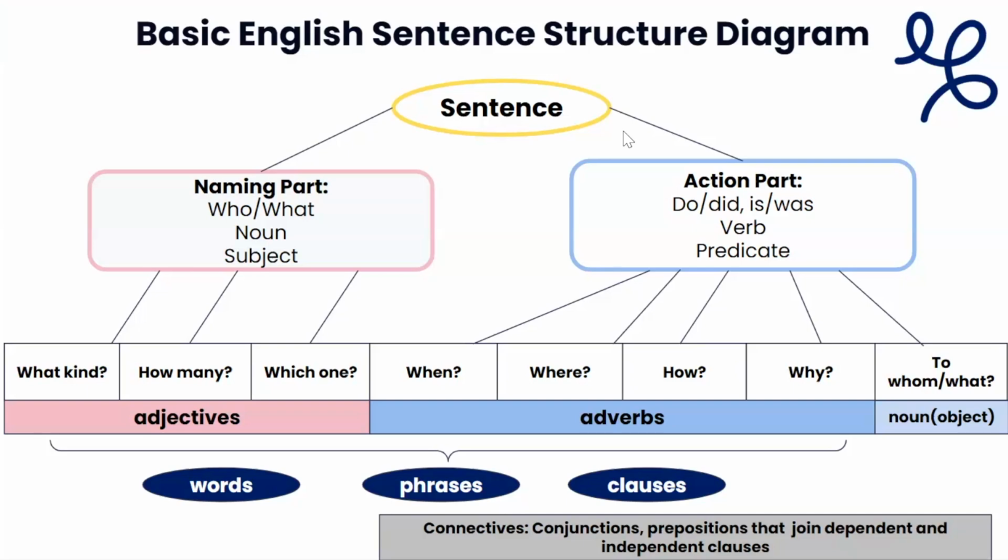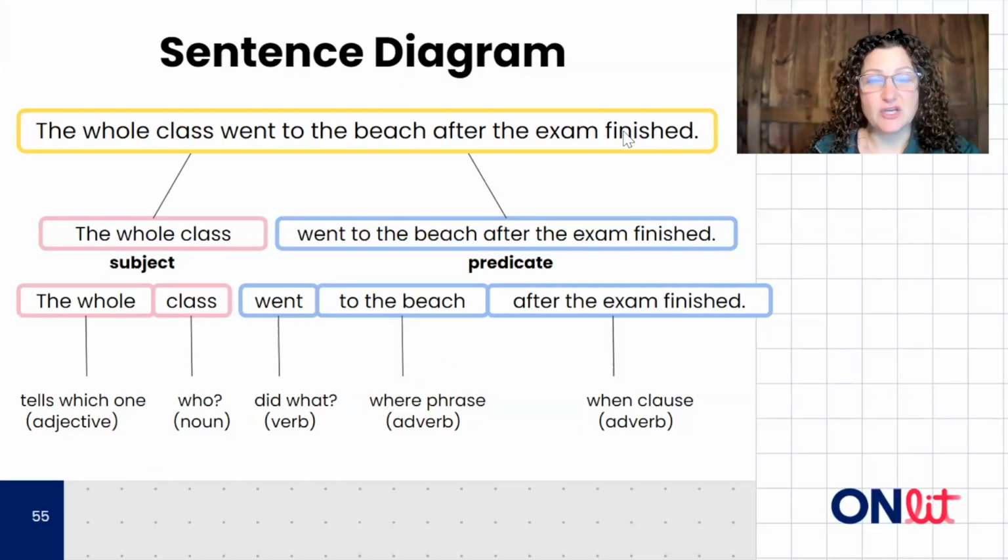When we encourage students to think about the function or ask students to expand their sentences by asking functional questions like who or what, which one, when talking about subjects, or by asking functional questions like did what, where, when, and why about the predicate, we are asking them to add details and specificity to their ideas and not complicating the matter with whether they can recall what an adverb is or what it is meant to describe. Let's finish this video by taking a look at this sentence diagram.